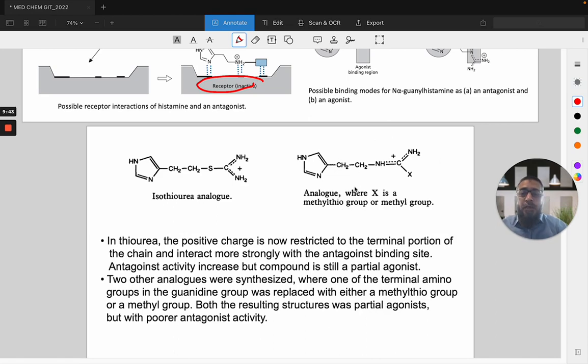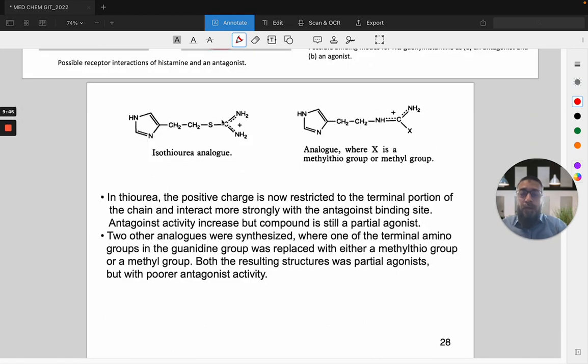In isothiourea, the positive charge is now restricted to the terminal portion of the chain, and it interacts more strongly with the antagonist binding site. The antagonist activity increased, but the compound is still a partial agonist. So these are some of the substitutions the researchers made in order to get a potent antihistamine.